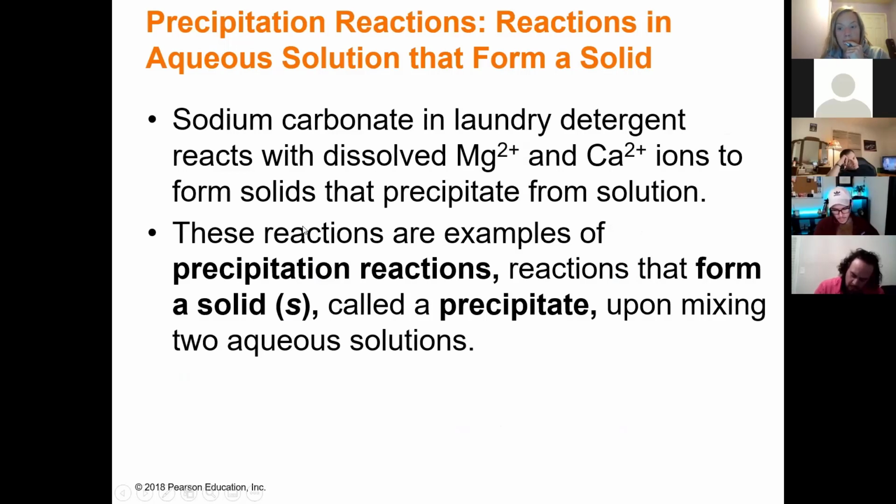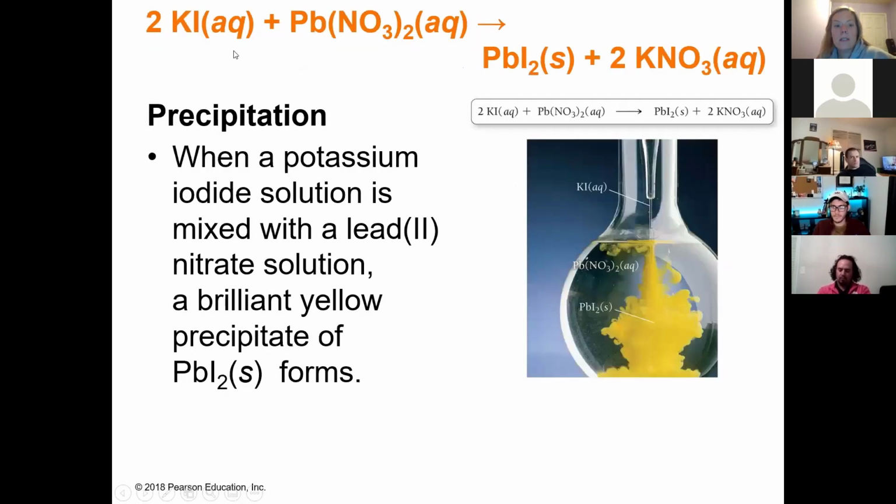So we can have reactions where we can actually see a precipitate forming. A precipitate reaction occurs when two aqueous things come together and a solid forms, or precipitates, upon mixing them. So let's look at this equation here.